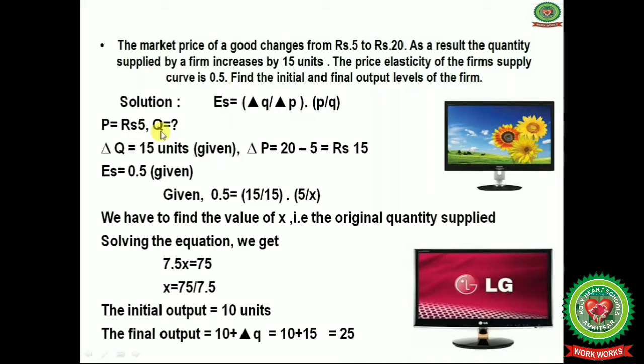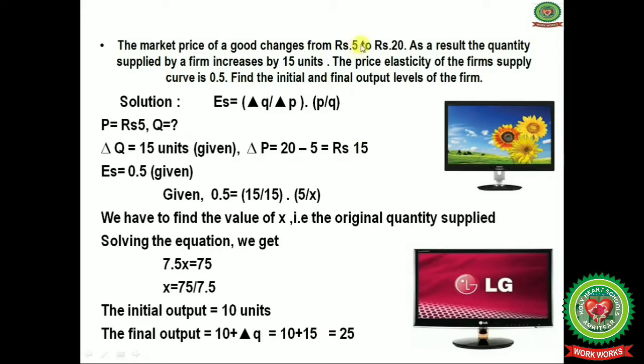Q we have to calculate. And delta Q is 15 units, given because he says that as a result the quantity supplied by a firm increases by 15 units. So this is the value of delta Q, the change in quantity. And delta P is 20 minus 5, we will get rupees 15.